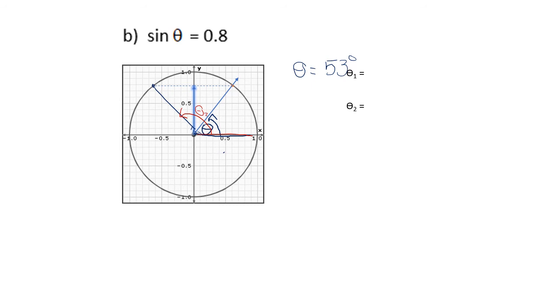So I need to measure that angle there with my protractor, the red angle, and when I do it, it gets to be about 127 degrees. My theta 1, let me just move that up here, my theta 1 was 53 degrees. And my theta 2 is 127 degrees. So I have 2 answers this time.